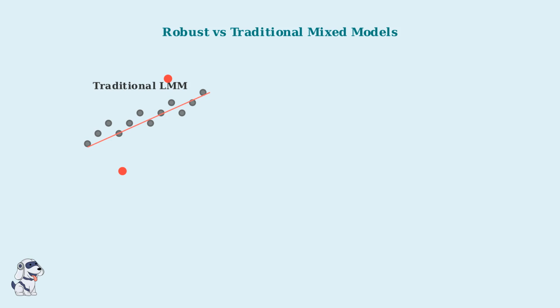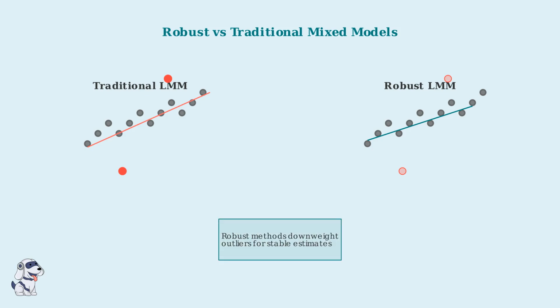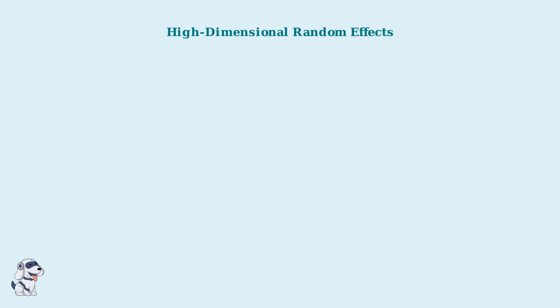Robust mixed models use alternative estimation methods that are less sensitive to these violations, such as M-estimation or trimmed likelihood that downweight or exclude extreme observations, resulting in more stable parameter estimates.